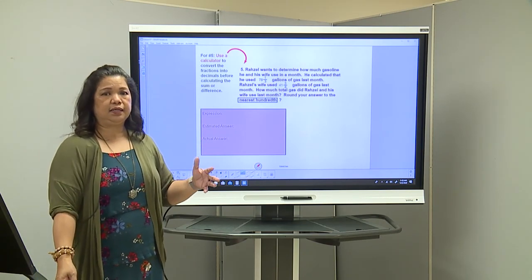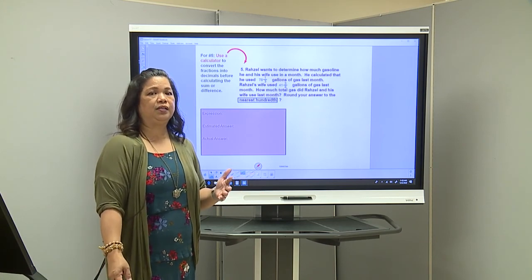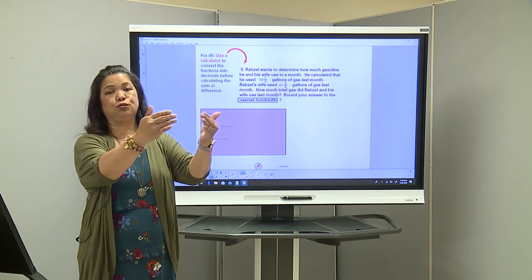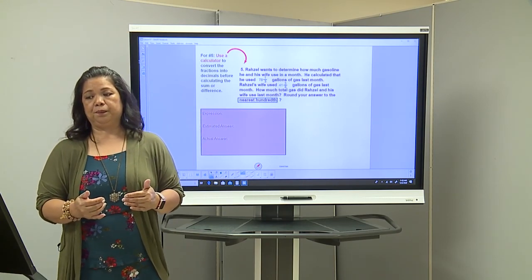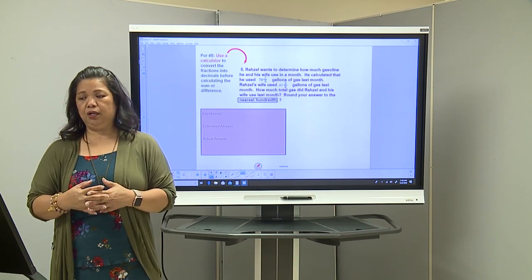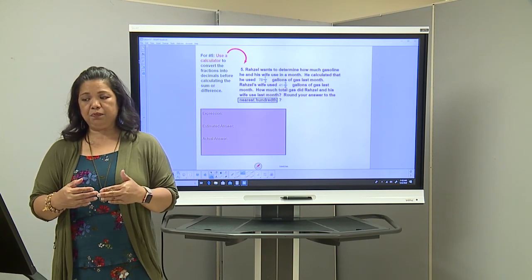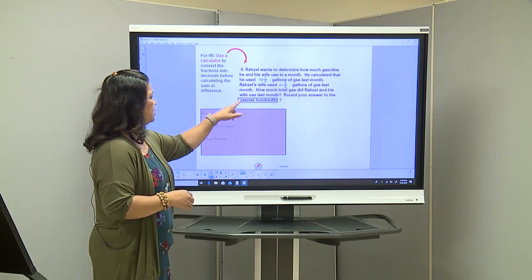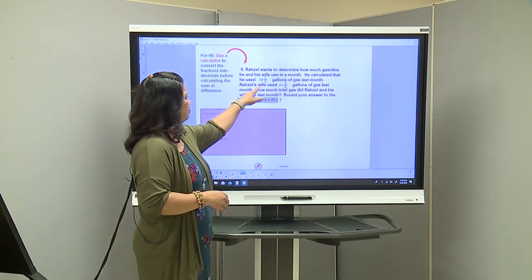In the past examples or exercises, what we did was convert the fraction to decimals. Okay? This time, it's asking you the same thing, but the fractions given here are different.